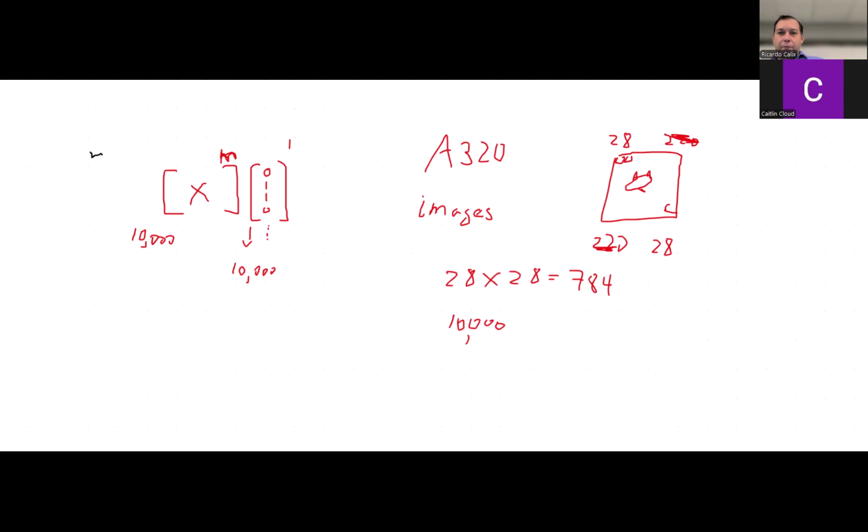So I would grab the first row. You see that? That's size 28. Then I grab the next row of the image and I'll just concatenate it at the end. And that's another 28. Do you see that? And then I do one more like that, and I just do this all the way to the end, and I grab the last one.